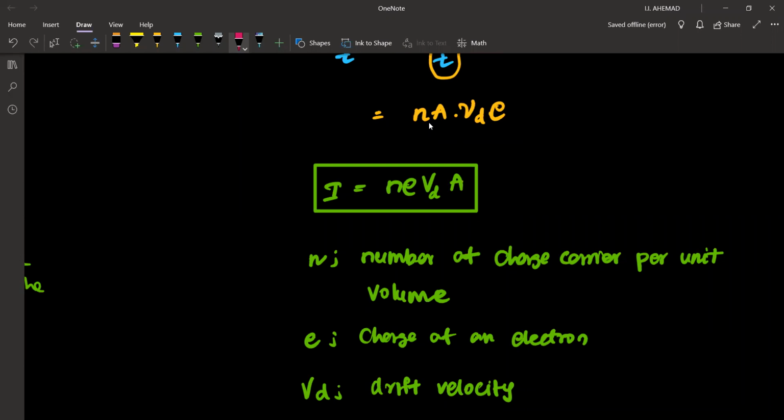E is the charge of an electron, it is constant. Area of the conductor is also constant. Then current depends on drift velocity. So if I change current, the drift velocity changes. Others remain constant.